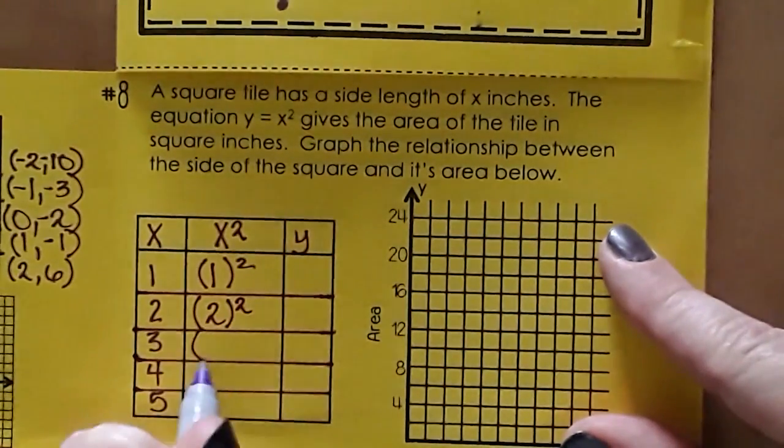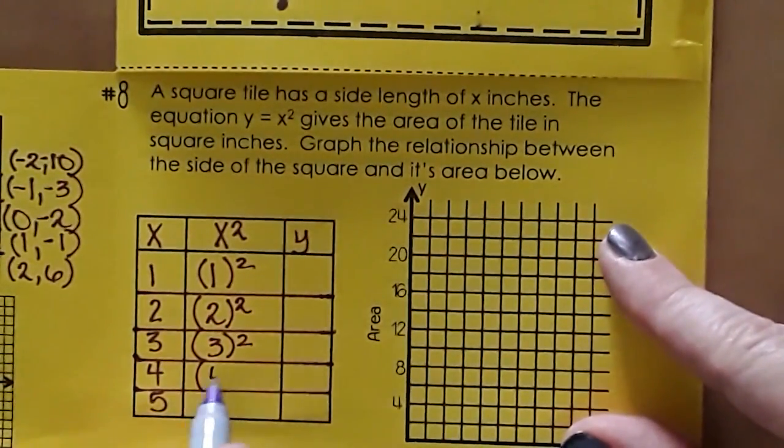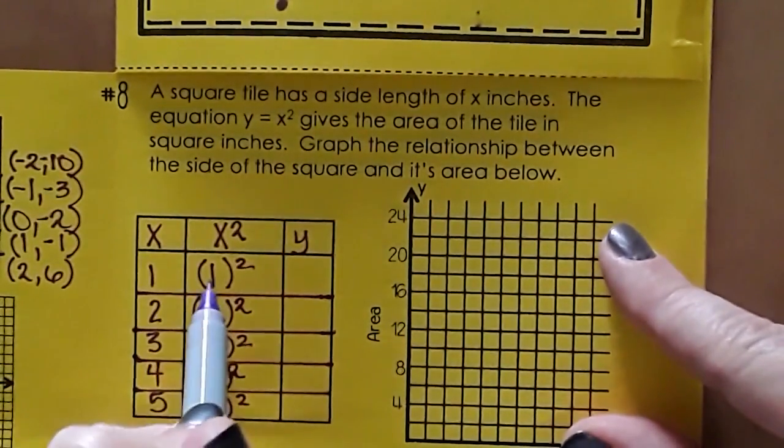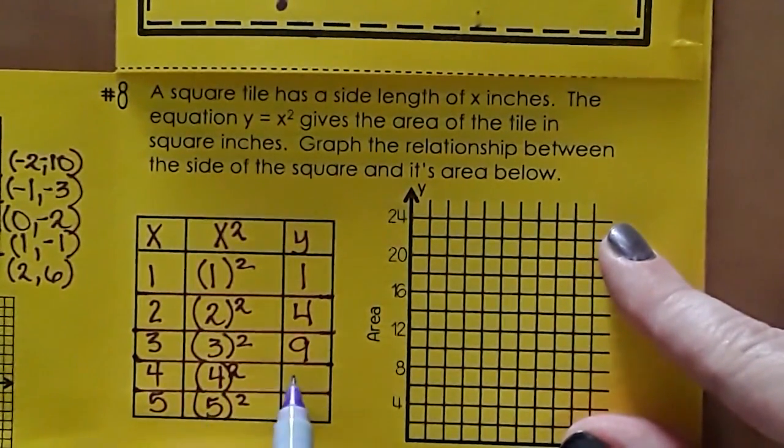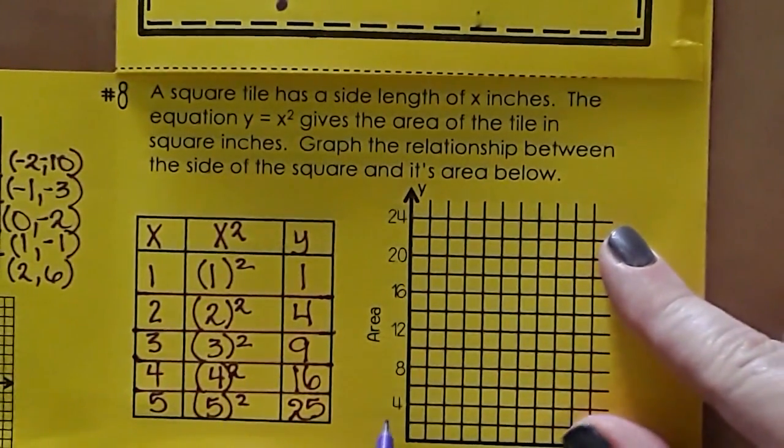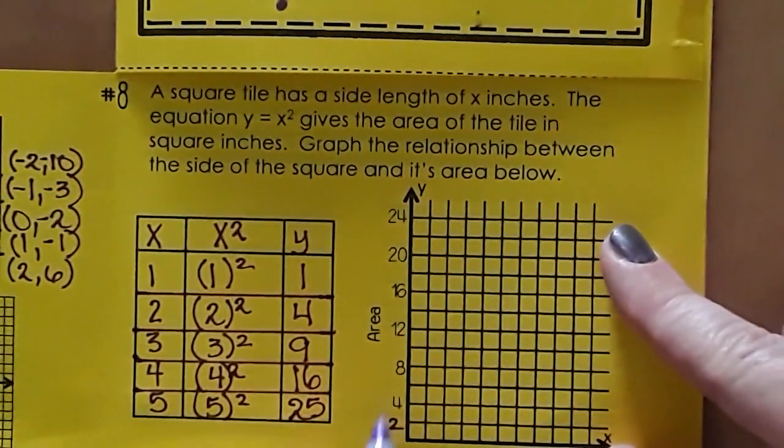Parentheses 2 squared, 3 squared, 4 squared, and 5 squared. 1 times 1 is 1. 2 times 2 is 4. 3 times 3 is 9. 4 times 4 is 16. And 5 times 5 is 25. All right. We know that the graph is going up by 2's.